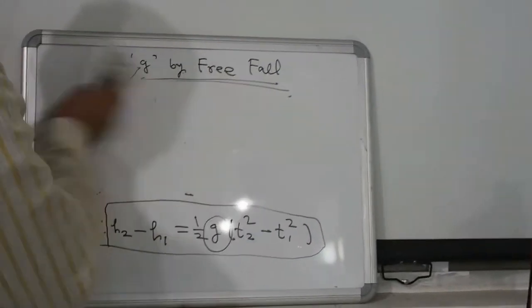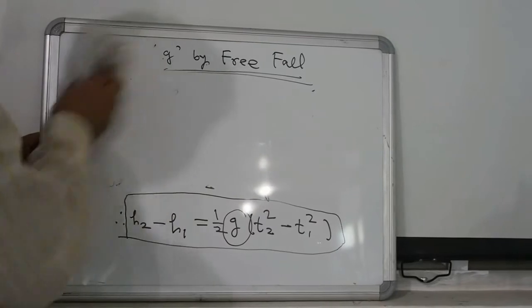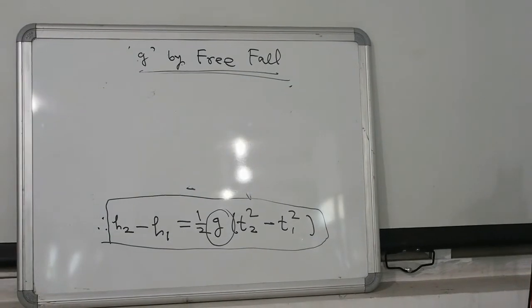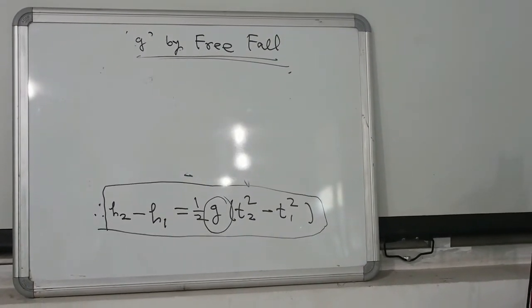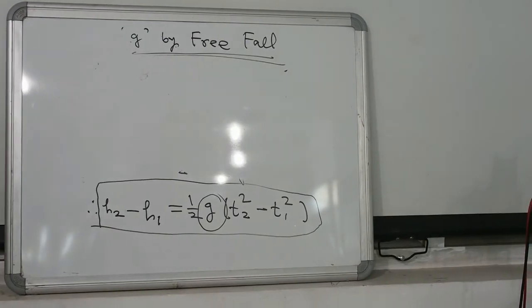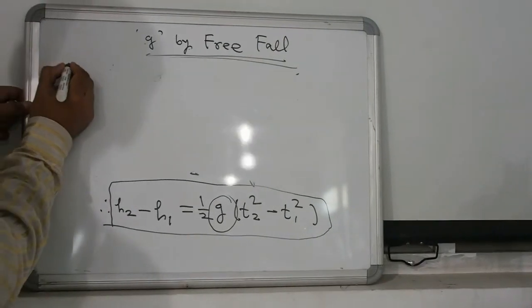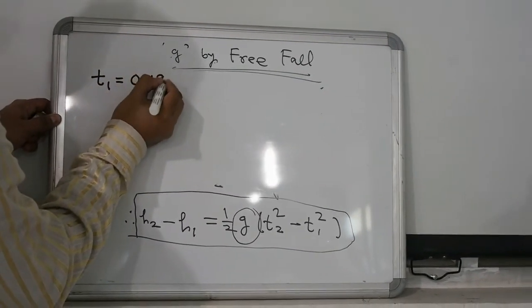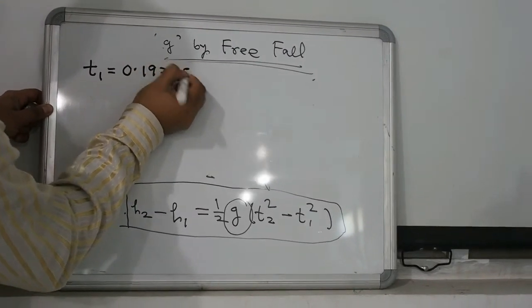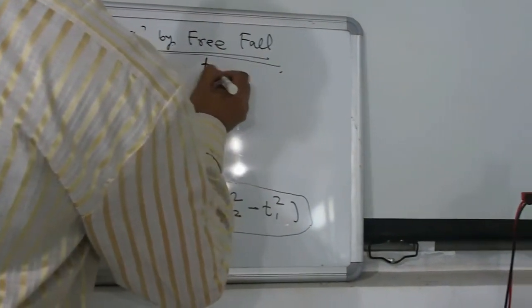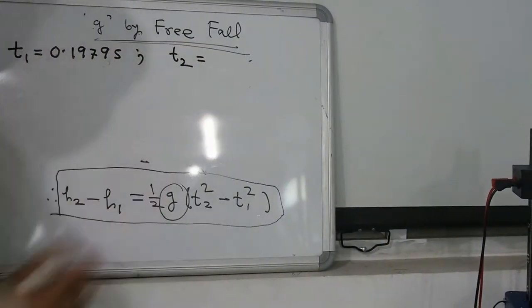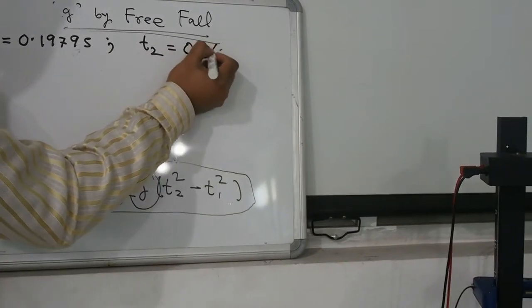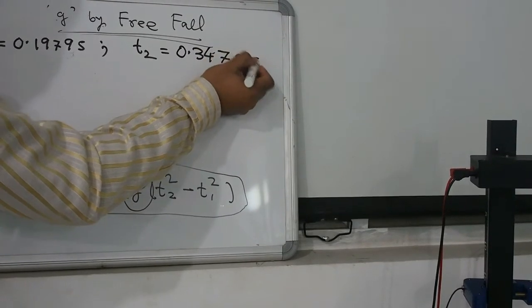So this is our formula, h2 minus h1 equals half g (t2 square minus t1 square). By using this formula, we will determine g. We have got t1 equals 0.1979 second, and t2 equals 0.3472 second.